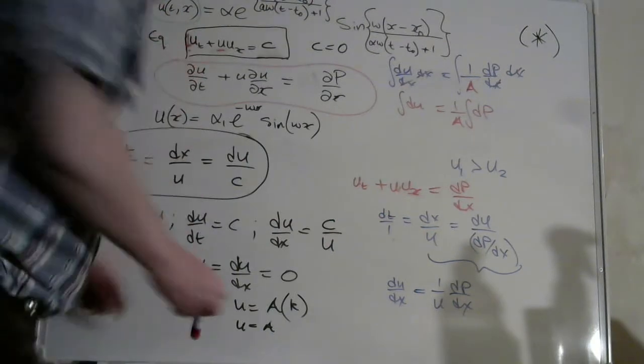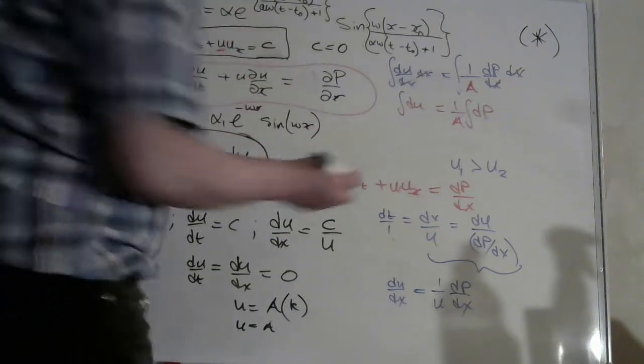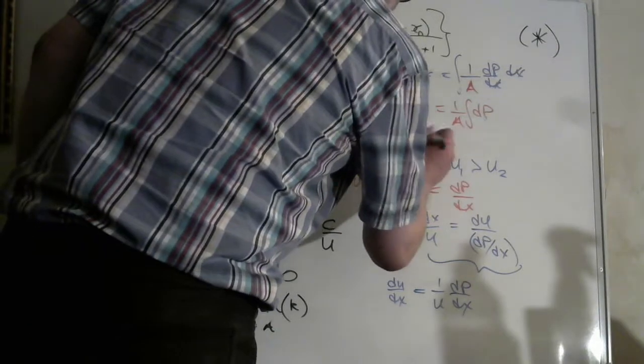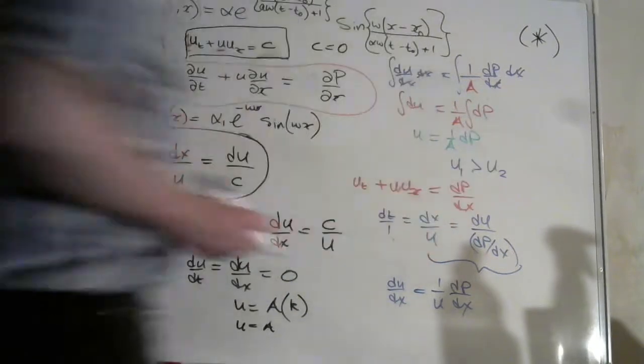Okay, right, green pen. This integrates to simply give u equals 1 over a dp.